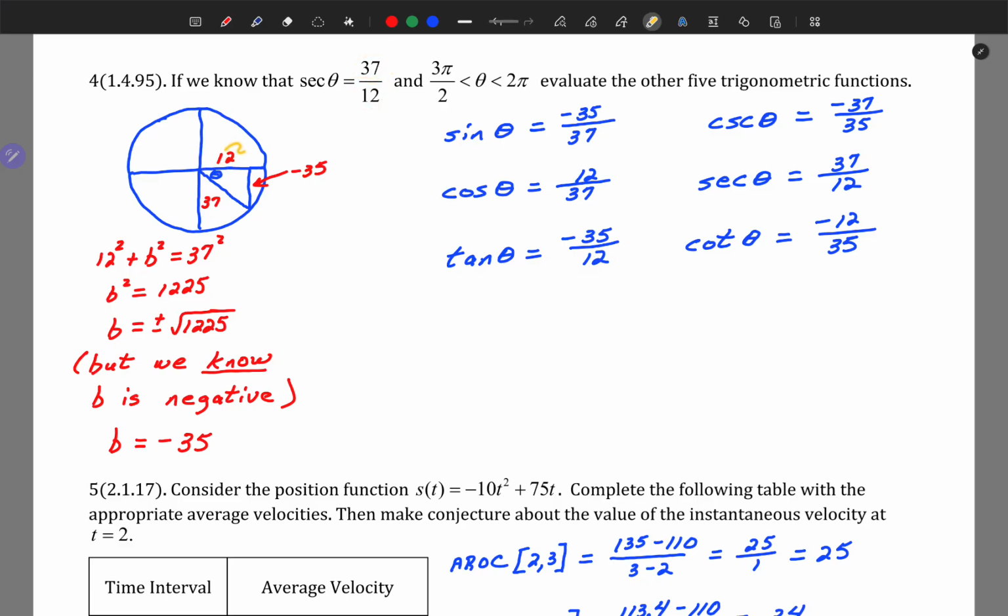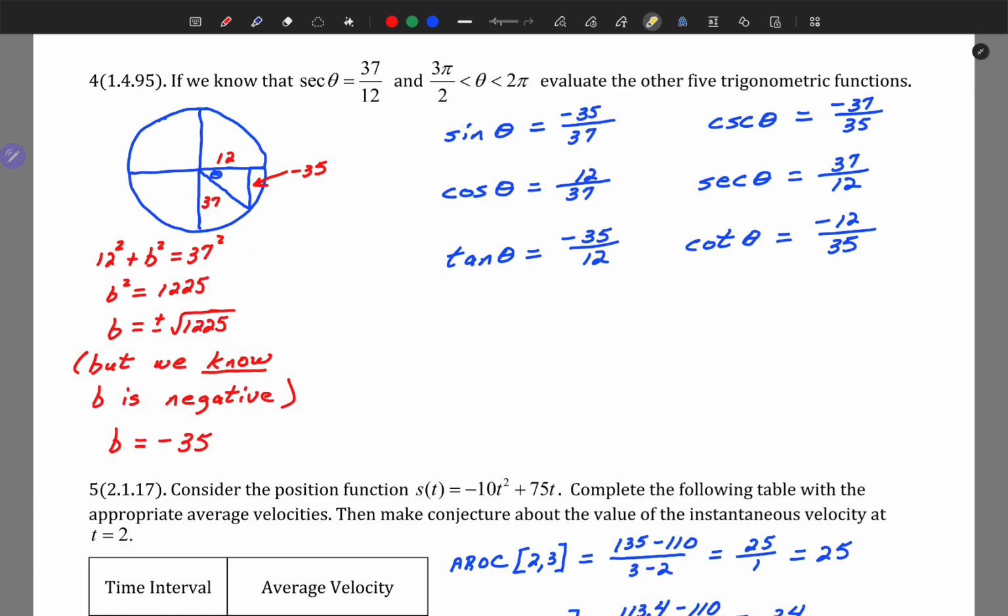So I went ahead and labeled this side 12, this side 37. Once I know that, then I can find the remaining side of my triangle. What I do have to keep in mind here is that the vertical component in quadrant 4 must be negative. It's moving downward. So I use my Pythagorean theorem here, and I called this side of the triangle B.